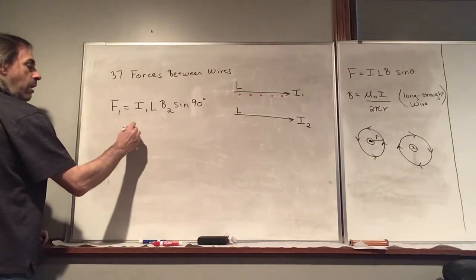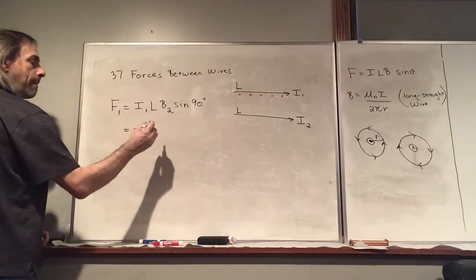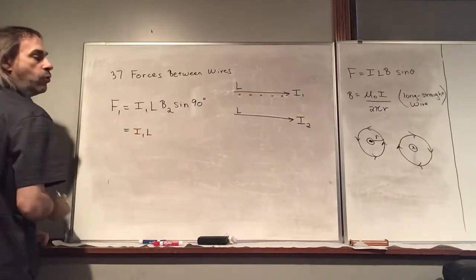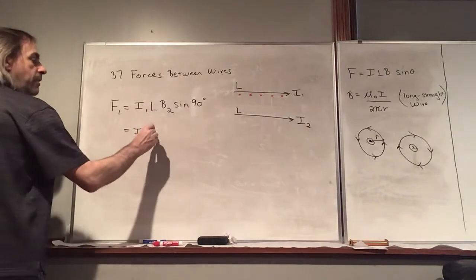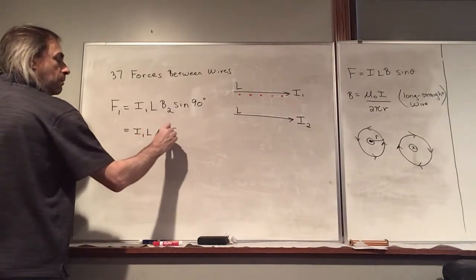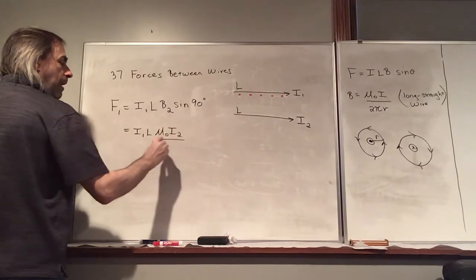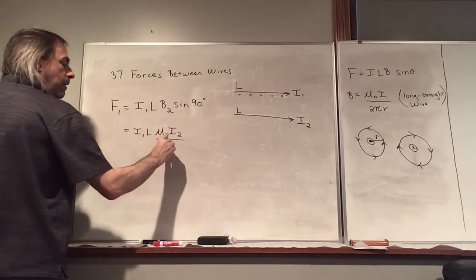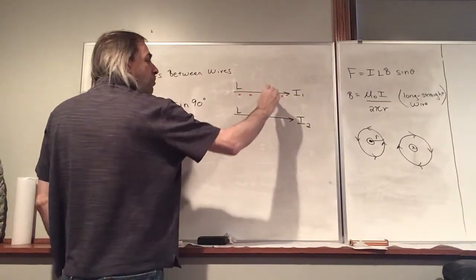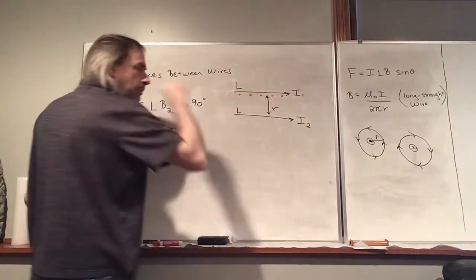So we have I1, now B2, this would be mu naught I2 divided by 2 pi, let's just call that R. We'll say the distance between the two wires is R.